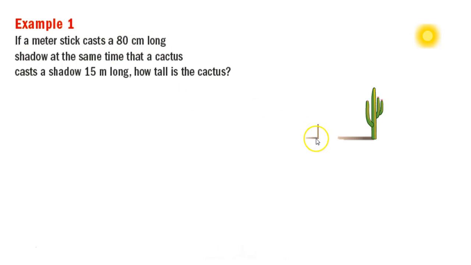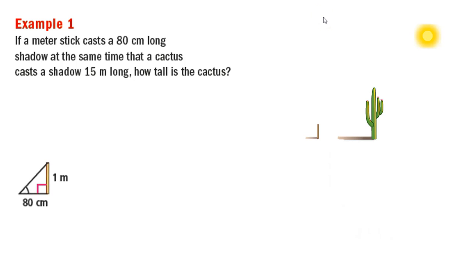That's this thing right here, 80 centimeters long, at the same time that a cactus casts a shadow 15 meters long. So this shadow right here is 15 meters. How tall is the cactus? Now this is working under the assumption that the sun rays come down here and that the cactus and the meter stick are parallel. So we're forming similar triangles is essentially what's happening here.